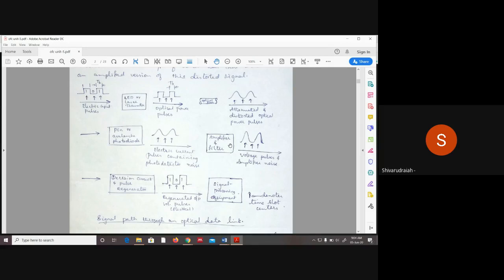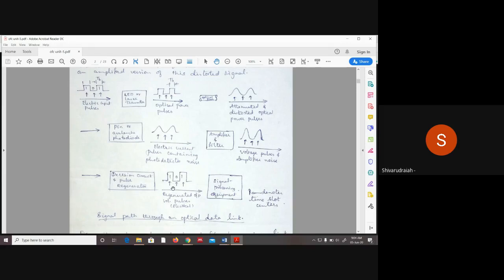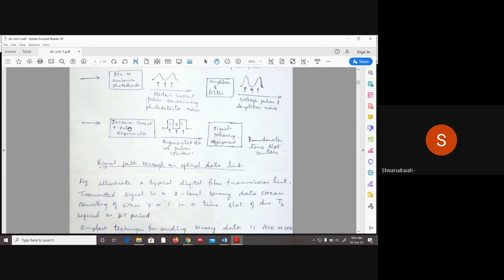So these voltage pulses along with the photodetector and amplifier noise are fed on to the next electrical block, that is the decision circuit and pulse regenerator. This decision circuit and pulse regenerator is going to have a certain threshold which is defined through a mathematical model before we actually construct the block.